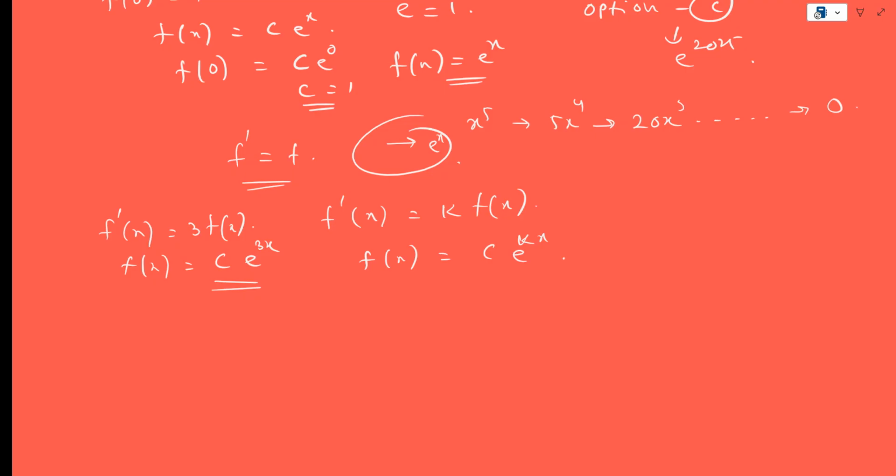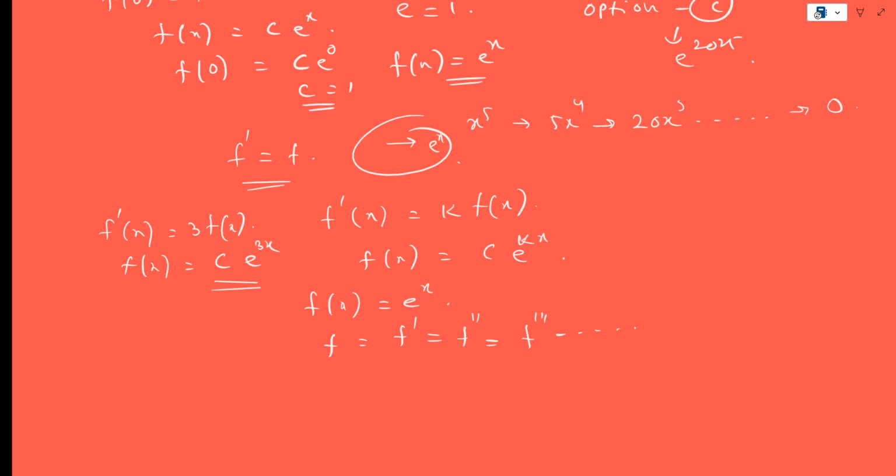For f(x) equal to e to the power x, we have f equal to f', equal to f'', equal to f''', and so on. So every derivative is identical, and this is why exponential functions are magical in calculus.